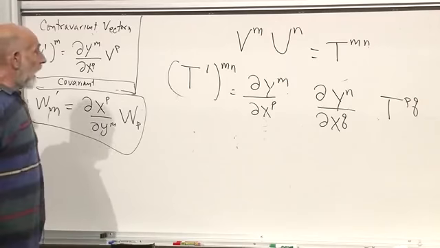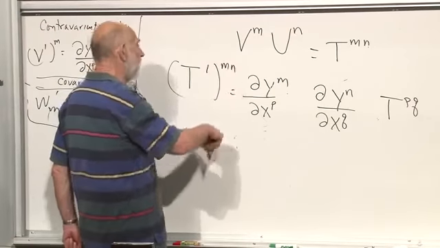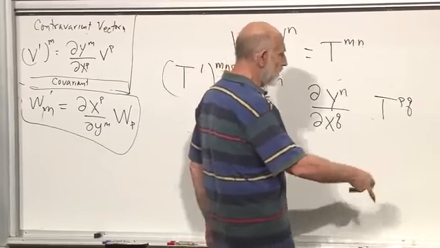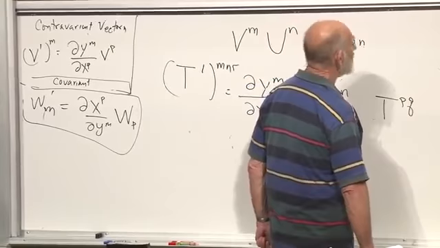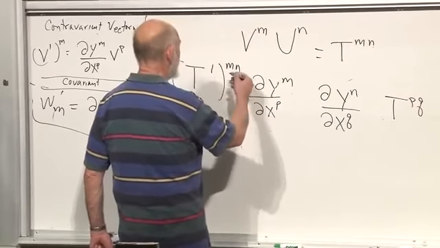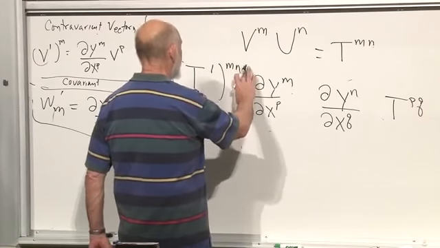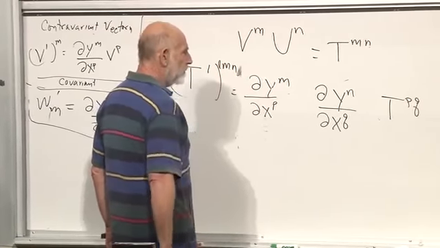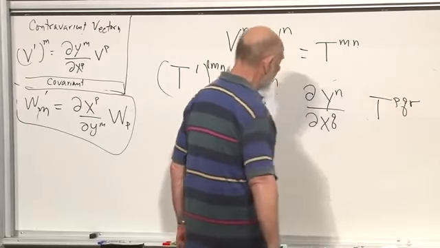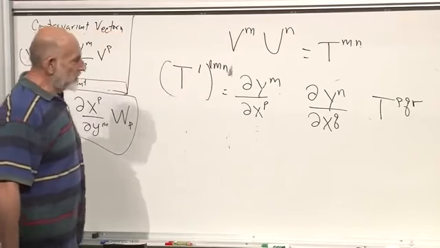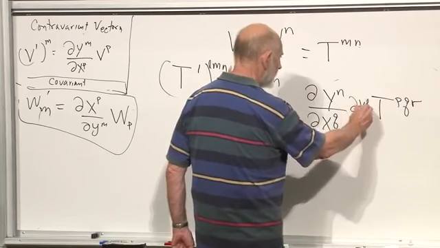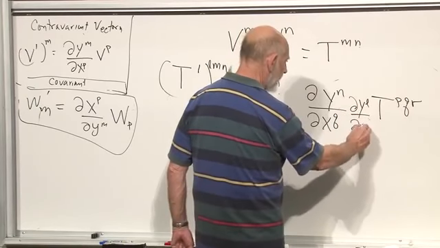If there were more indices up here, M, N, L, and P, Q, R, I'm missing dy^L by dx^R.